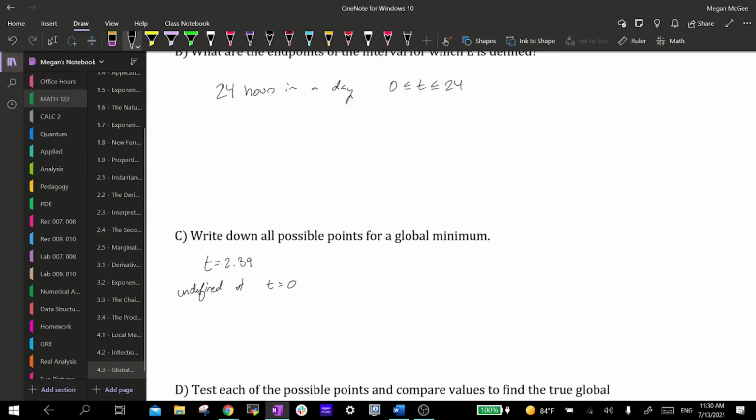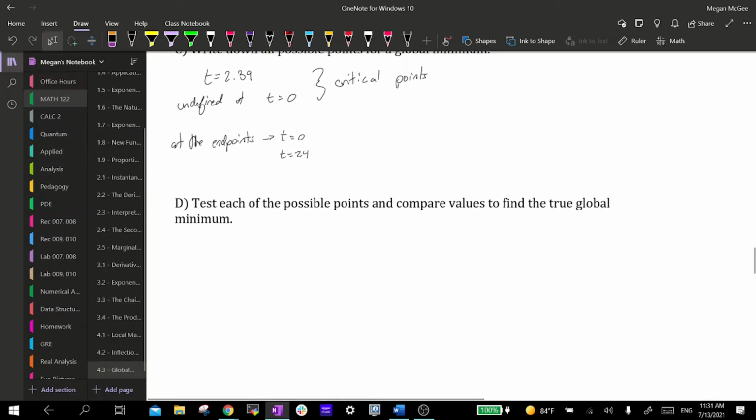And then, so these are our critical points, which we found. And then we also need to check at the endpoints. So we also have t is equal to 0 and t is equal to 24.